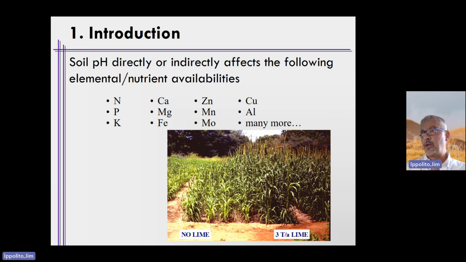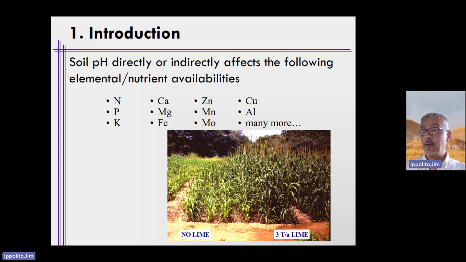This is an example picture of corn growing in an acidic soil. I don't know where this picture was taken, but on the left, there was no lime. And on the right, there were 3 tons per acre of lime added. The pH was raised on the right to increase nutrient availability and subsequently promote better crop growth versus the soil on the left with no lime.